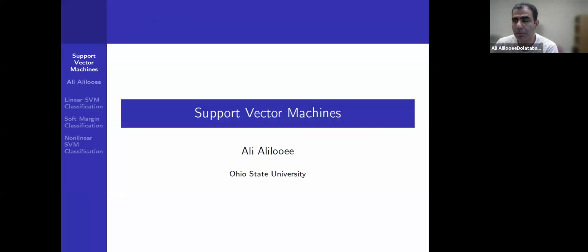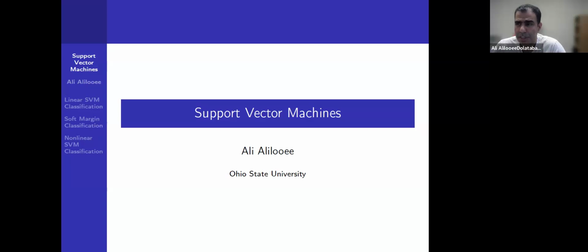Today, we want to start a new model that we will learn this week: the support vector machine. We will first see linear SVM classification. SVM can be used for classification and regression purposes, but in this class, we will mostly see the application of SVM for classification.